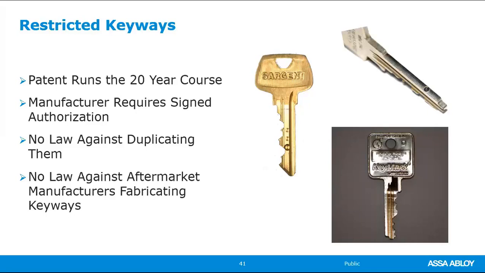There are still 100-year-old Yale key blanks that you still cannot buy. So ASSA ABLOY will always hold the restriction on their companies. However, aftermarket manufacturers are able to make the blanks legally now, but it doesn't mean they will.